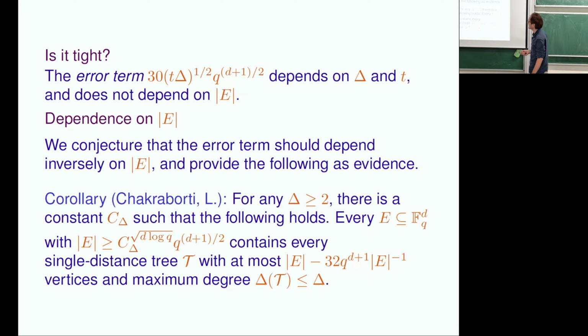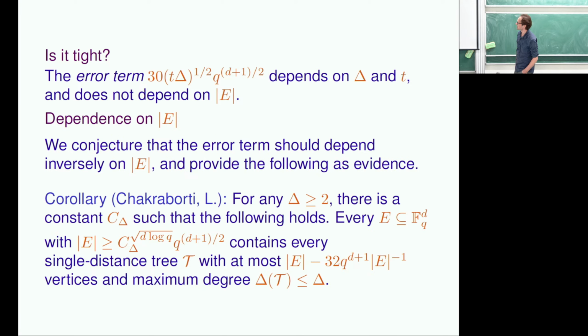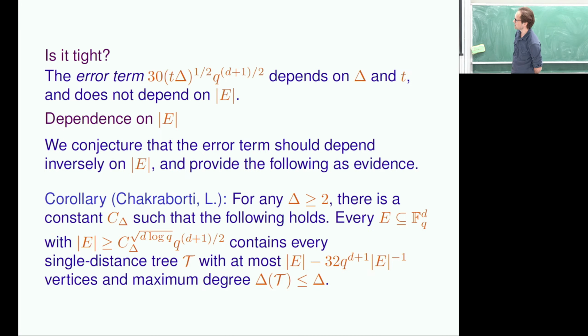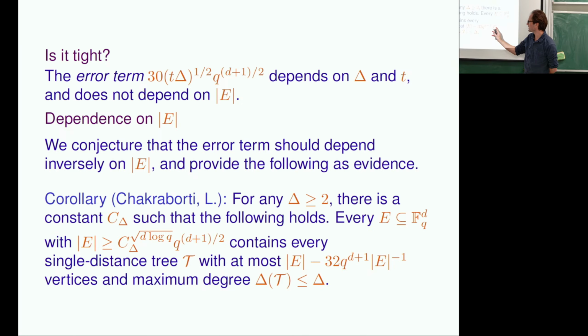For any delta, there's a constant such that for every set of points bigger than some function depending on that constant times q to the d plus 1 over 2, we can find every single distance tree, here taking r to be 1, with at most E minus q to the d plus 1 divided by E points missing.